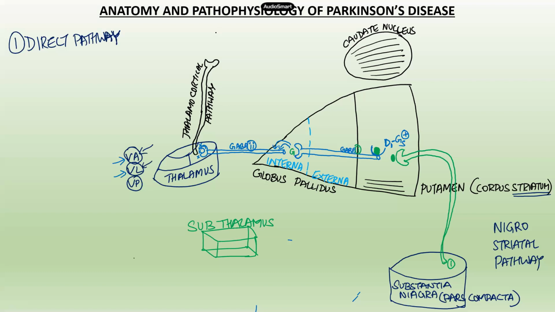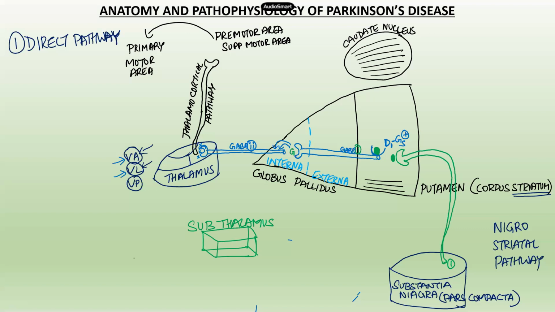This goes and activates the premotor area and the supplementary motor area, which in turn activate the primary motor area, that through the corticospinal tracts will cause the movements to occur through the lower motor neuron activating the skeletal muscles. So this is what happens in a direct pathway.